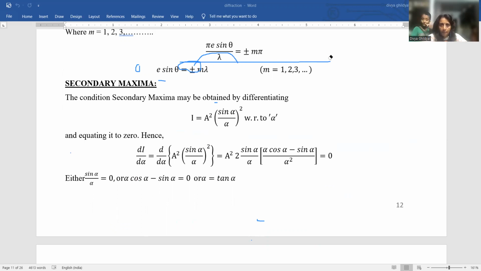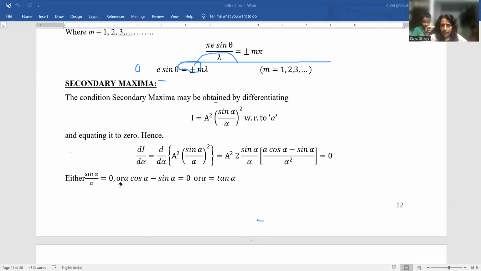Now, see, the multiple of two terms is 0. That means either this term sine alpha by alpha is 0 or alpha cos alpha minus sine alpha is 0. We are taking the condition for secondary maxima, and this multiplied by this is coming equal to 0. This condition, according to mathematics, will only be possible when either this is 0 or this term is 0.